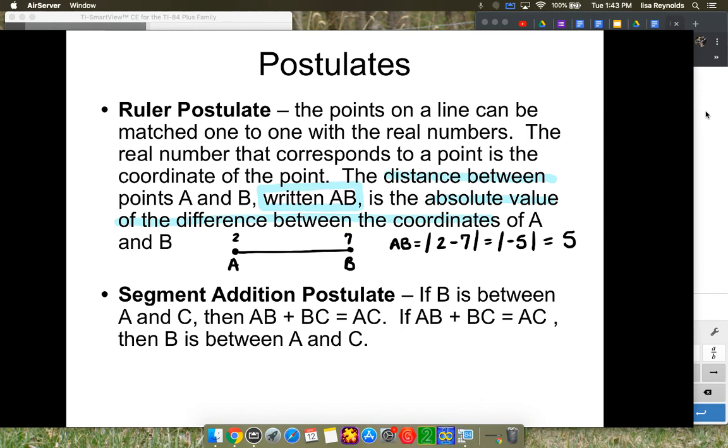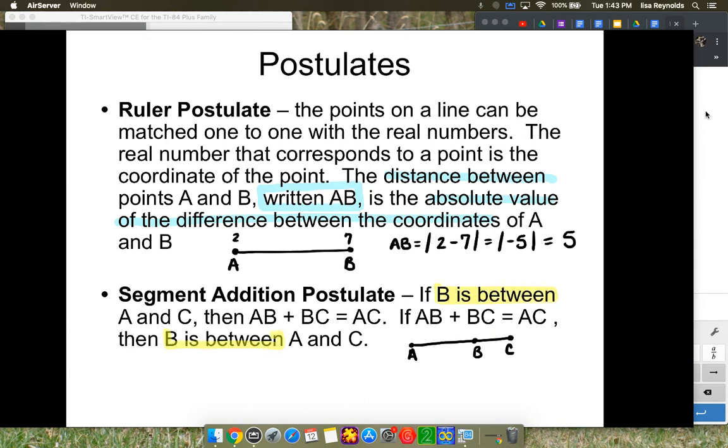And then we have our segment addition postulate. So we have a segment that has been separated into pieces. One of the requirements of this postulate is that we have to have a point somewhere between two other points.